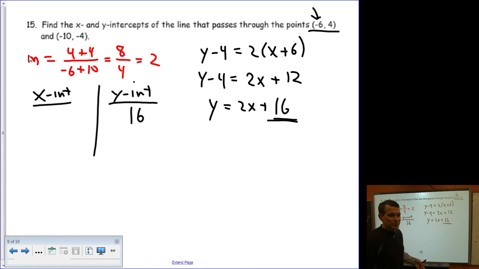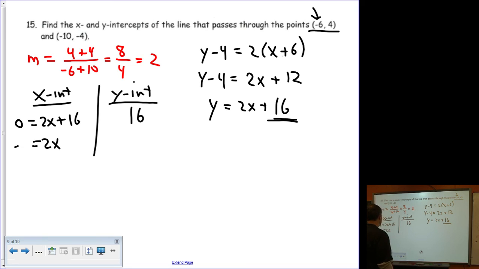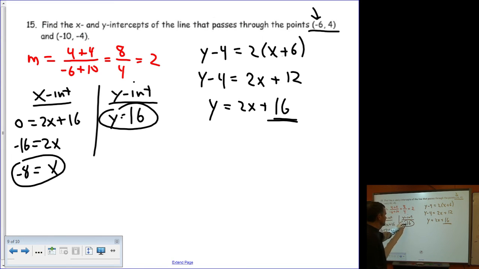The x-intercept would be what I get when I put 0 in for y. So it'd be 0 equals 2x plus 16, or 2x equals negative 16 if I subtract 16 from both sides. And then when I divide by 2, I get negative 8. So there's my x and y intercepts.